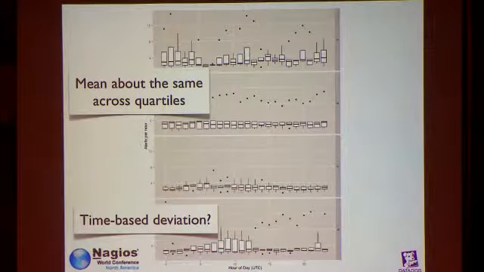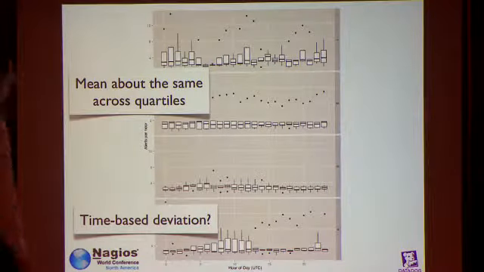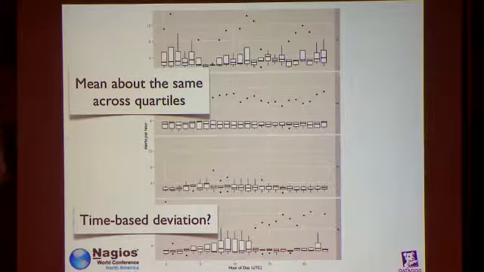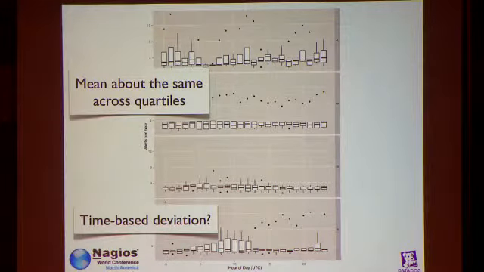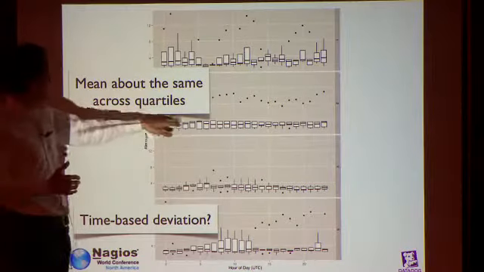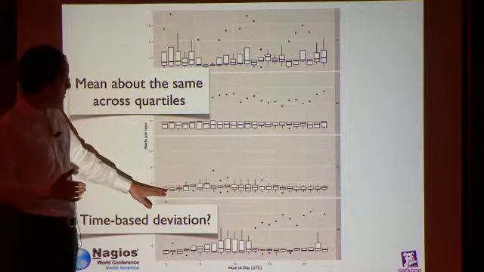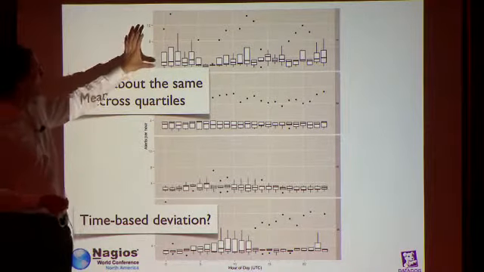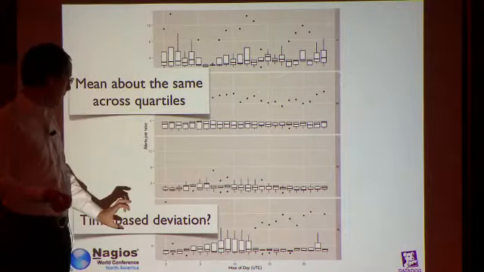Something that's interesting here is that the mean is actually about the same. If you count the number of notifications, people getting notified per hour on average across a couple of months, it's about once an hour. Of course, that means there are days where you don't get anything, and days where you get 10. But there's no clear pattern, at least in terms of the mean. There's a lot more variability on the smaller and the bigger end.